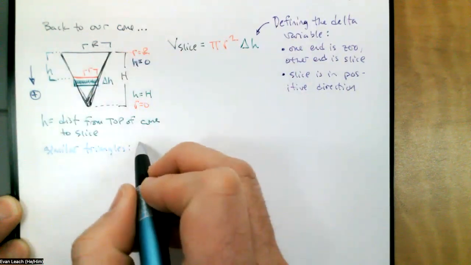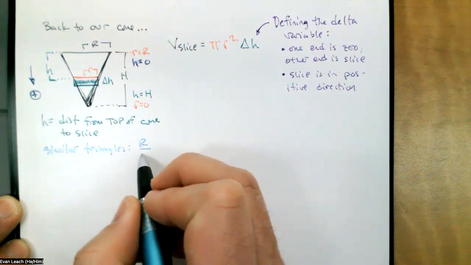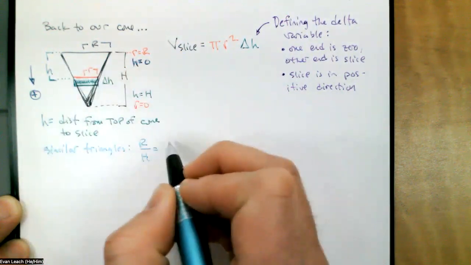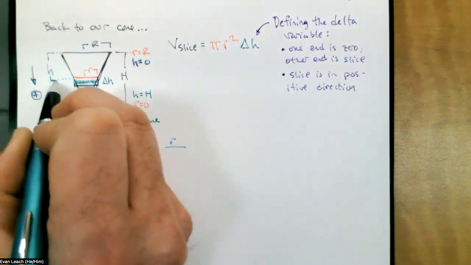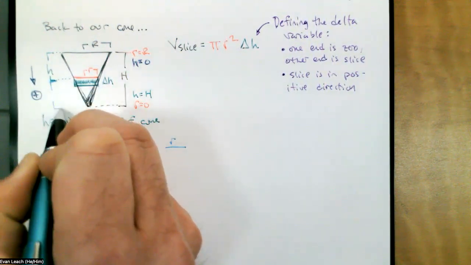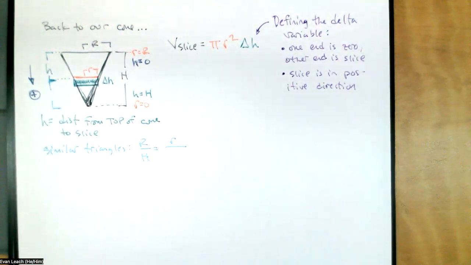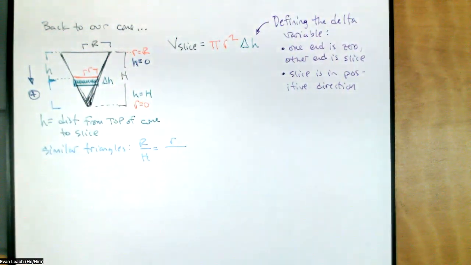I'm going to take the radius, capital R over capital H, but it's got to be over the height of the smaller triangle, which is here. The height of the smaller triangle will be capital H minus little h.